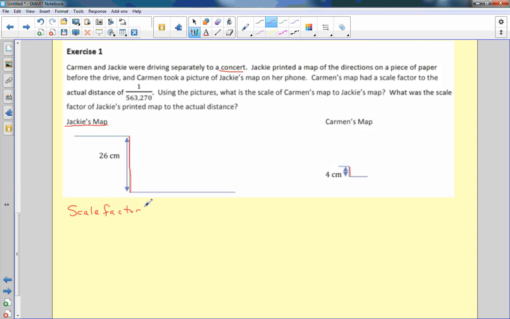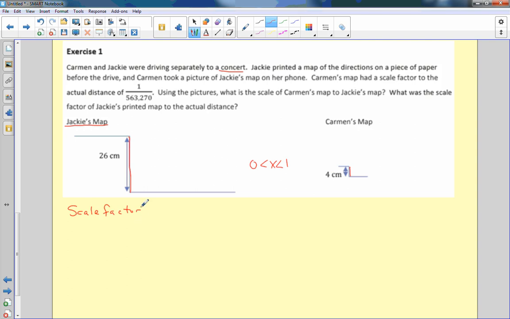We are going from a larger scale to a smaller, so I know that the scale has to be between 0 and 1. Anything greater than 1 is an enlargement. Anything between 0 and 1 is a reduction.